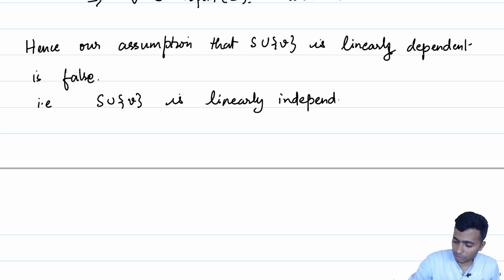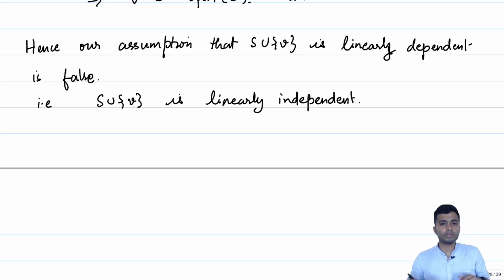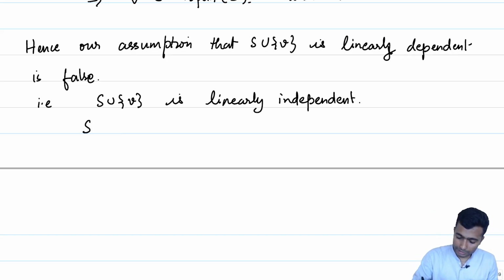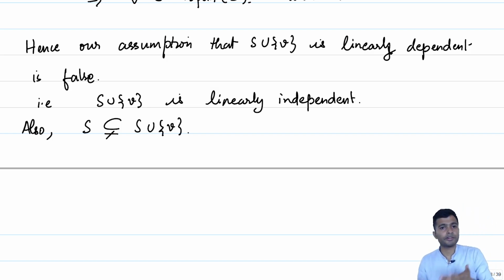Okay, that is good, because what do we know about the subset of linearly independent sets? S is clearly a strict subset of S union V, right? Also, we know this. Why? Because we assumed that V is not even in the span of S, and therefore S union V is a strict superset of capital S, and we just proved that S union V is linearly independent.